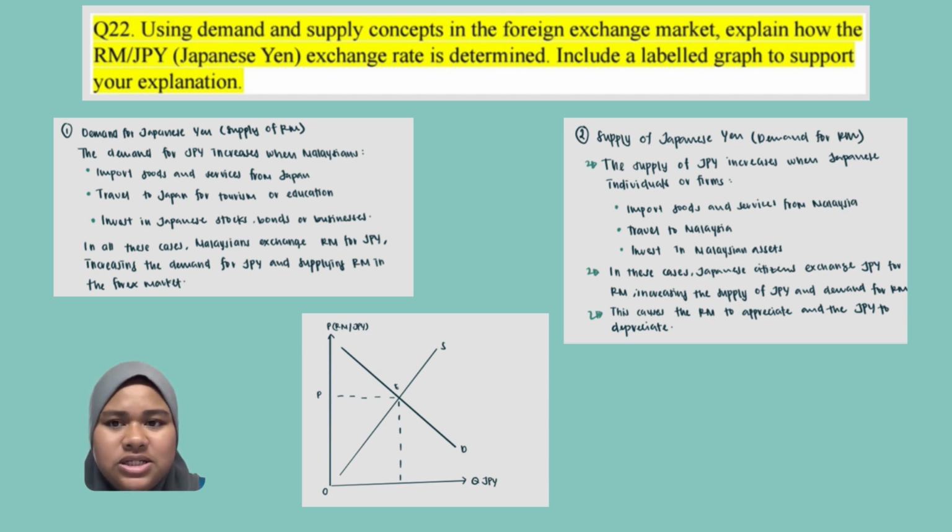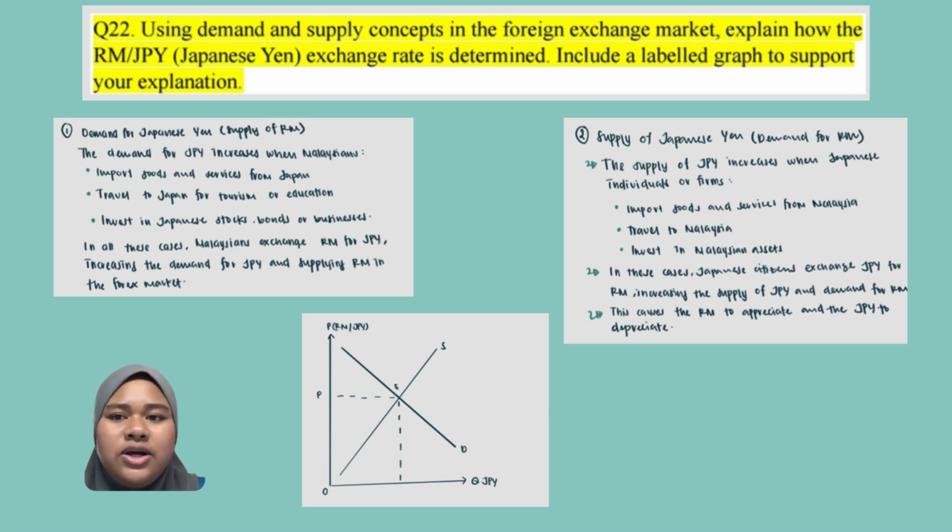In all these cases, Malaysians exchange ringgit Malaysia for Japanese yen, increasing the demand for Japanese yen and supplying RM in the forex market. It means that in these cases, Malaysian people need to use Japanese yen more than ringgit Malaysia, so they will demand Japanese yen, and this makes the supply of ringgit Malaysia rise.